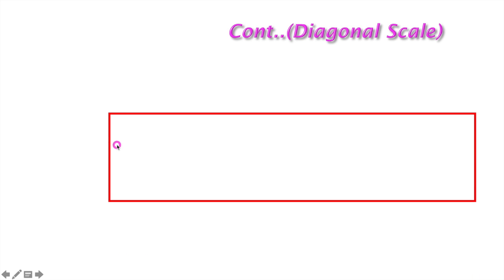So what's the length? 20 centimeters is the length, but we will not write it. In the drawing sheet, the length of this scale is 20 centimeters. Now, what dimension will we write here? It is 5 kilometers.